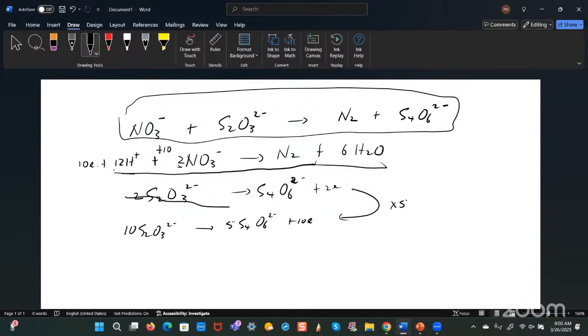So let me just scratch this out to avoid confusion, because what you're going to do now is add this equation to this equation, right? And of course, again, the electrons will cancel out.